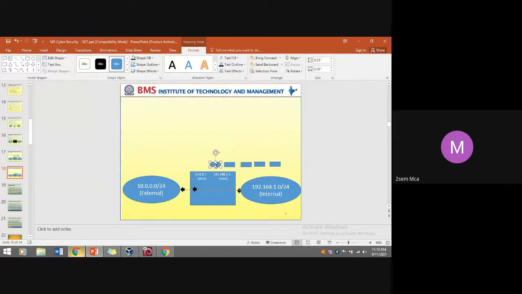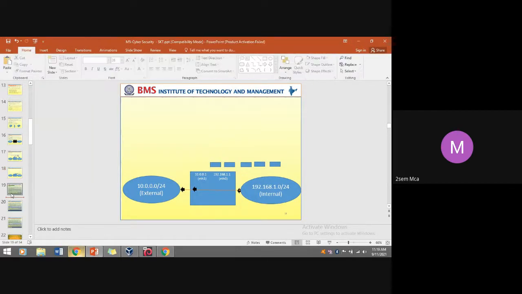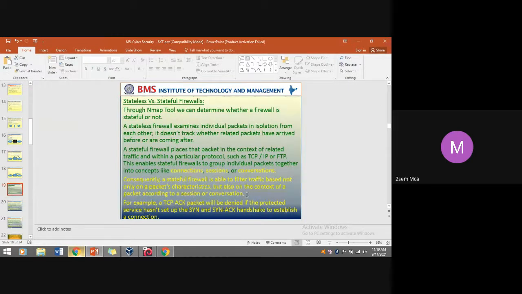Not only that, it also inspects the context of the packet according to the session or conversation. The stateful firewall checks the context, and the conversation session is also checked. That is termed a stateful firewall.